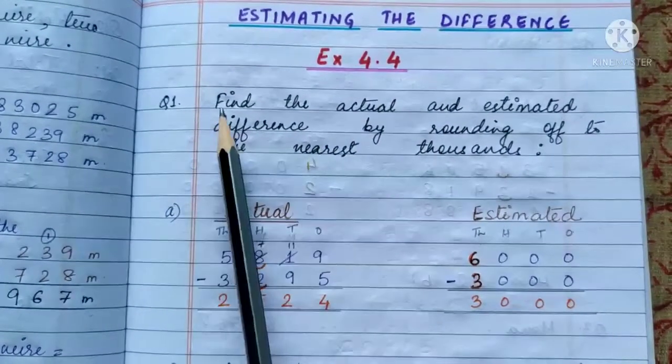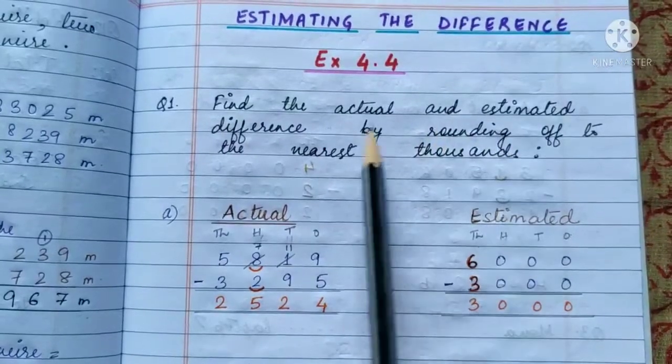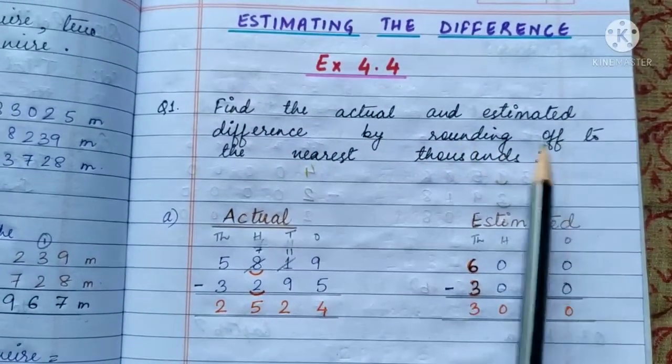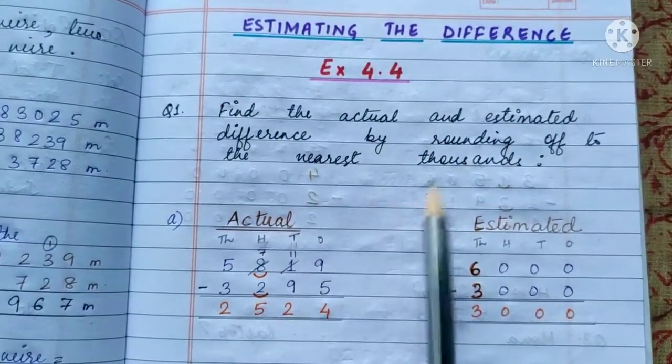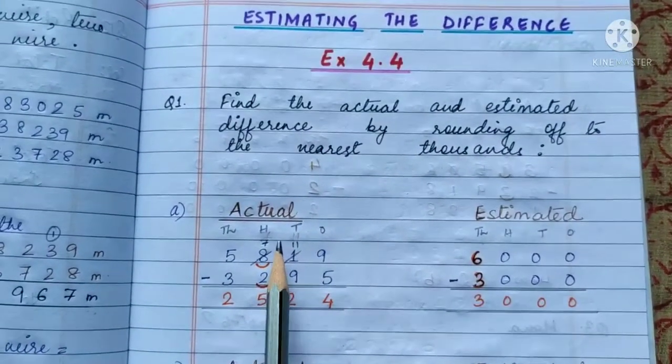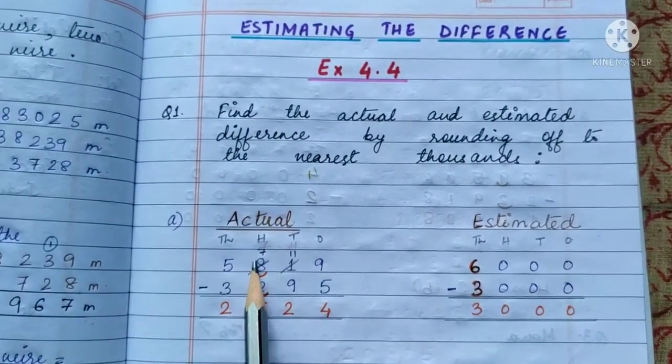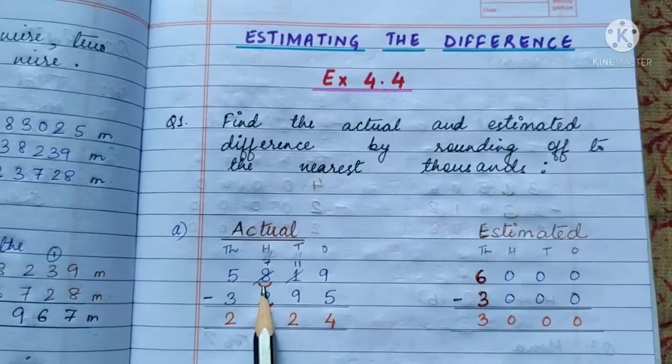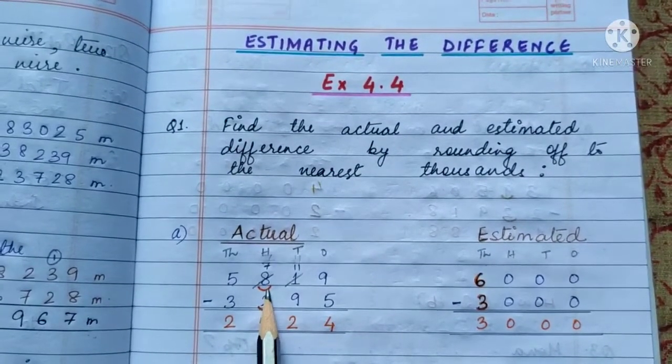The first question is, find the actual and estimated difference by rounding off to the nearest thousands. As I explained to you earlier, for rounding off to the nearest thousands, we have to check the digit at the hundreds place.